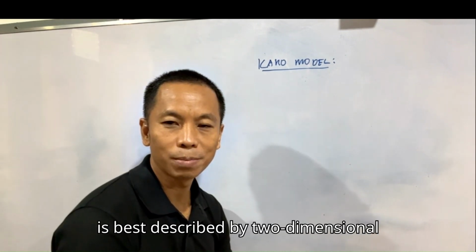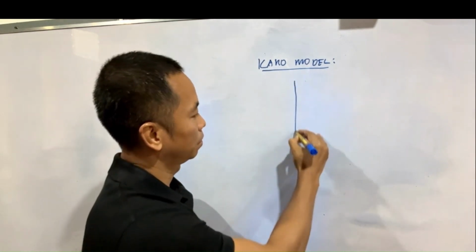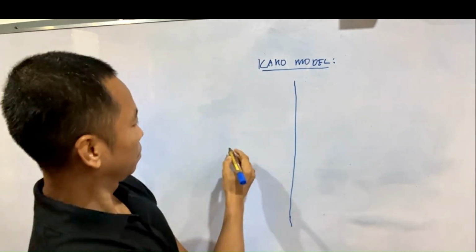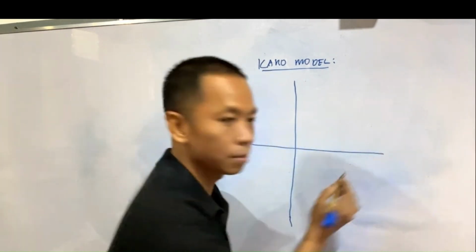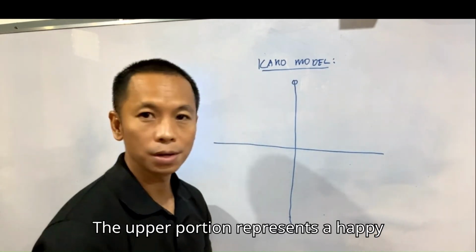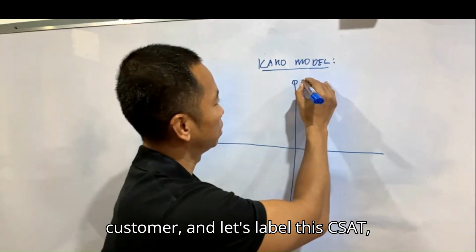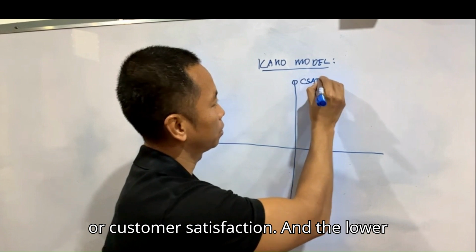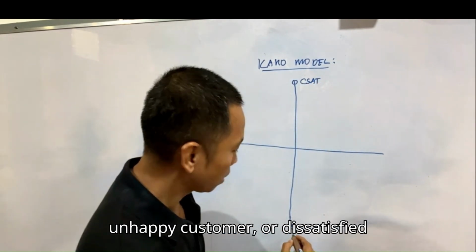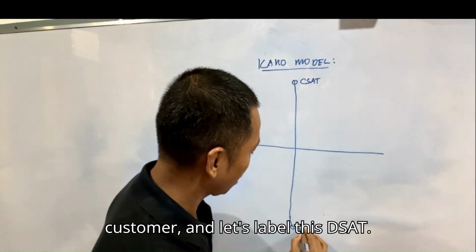The Kano model is best described by two-dimensional lines: the vertical line and the horizontal line. The upper portion represents a happy customer, and let's label this CSAT or customer satisfaction. And the lower portion of the vertical line is an unhappy or dissatisfied customer, and let's label this DSAT.